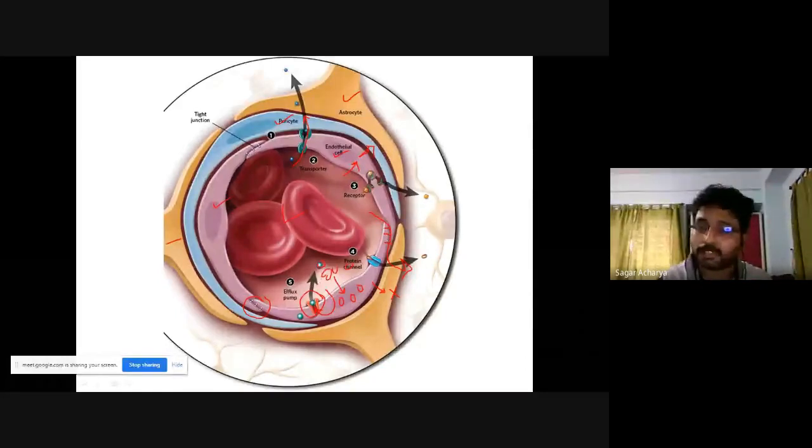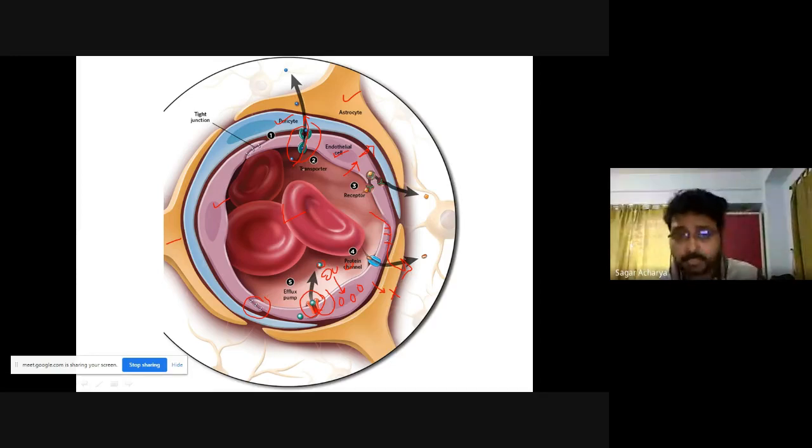Whereas the transport system is a passive transport system that does not use energy. It just takes nutrients or other things along the concentration gradient.